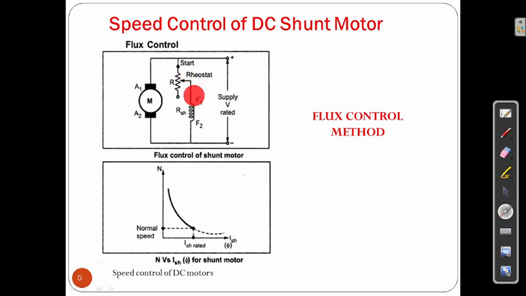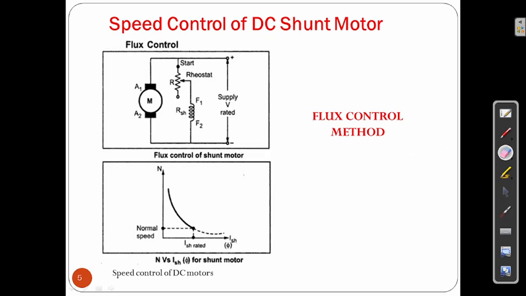Depending upon this resistor, we control the flux, and with that flux we control the speed of this motor. That's why we call this the flux control method.